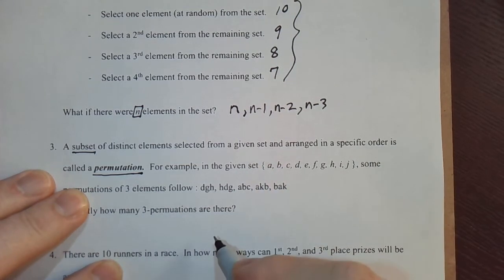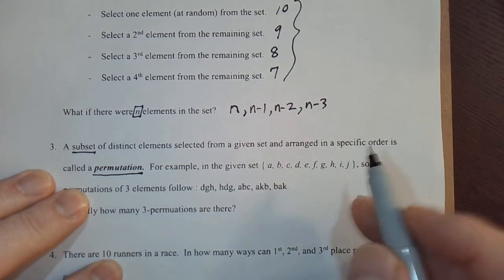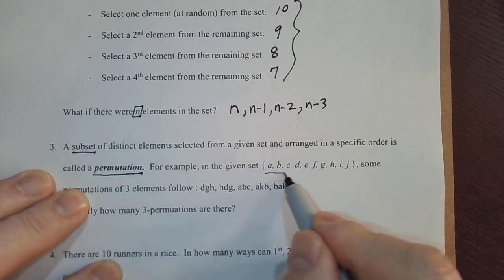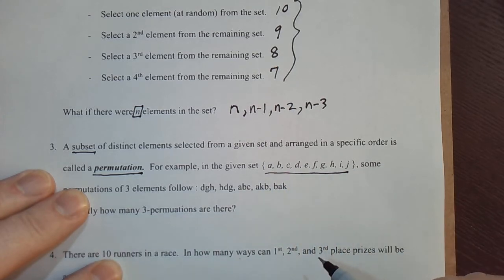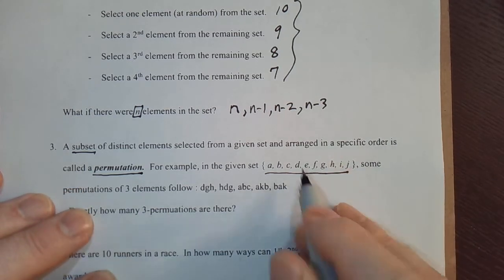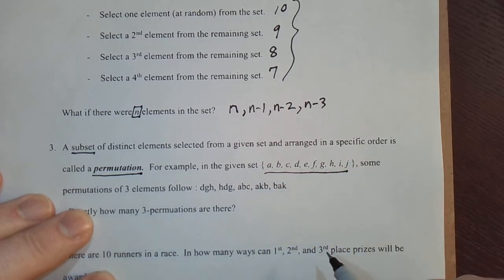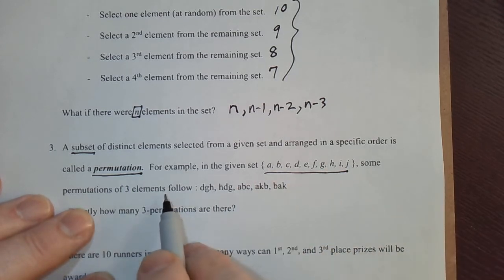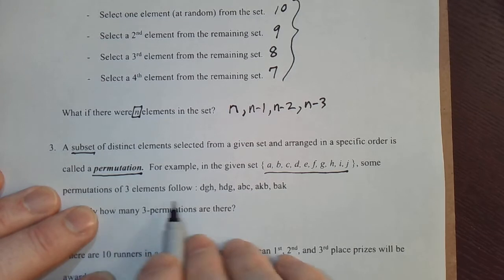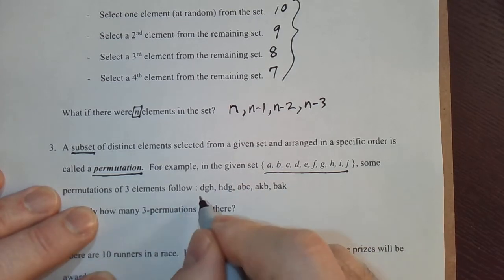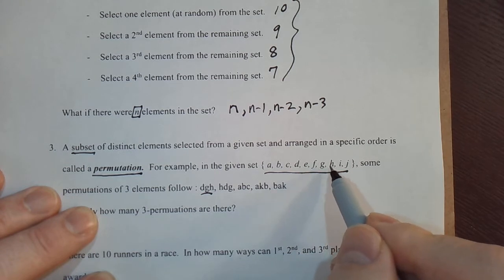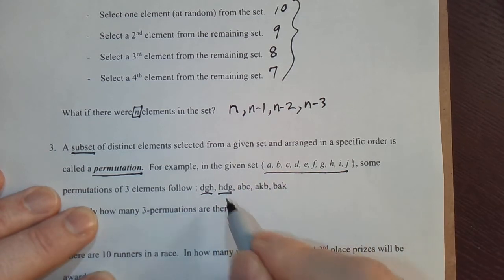For example, let's take this given set with 10 elements in it. That seems to be the theme of our problem so far. 10 elements here, the lowercase letters A through J. Some of the permutations of 3 elements would be this: DGH, D, G, and H. Now notice this is another permutation.